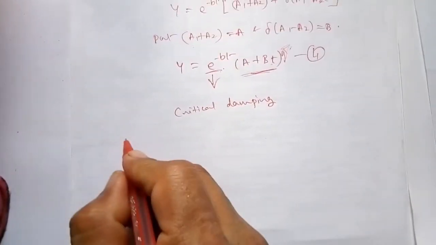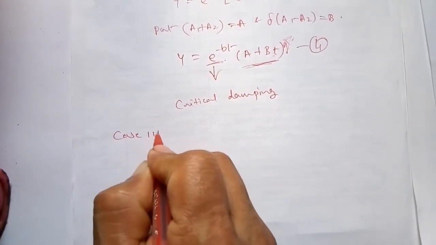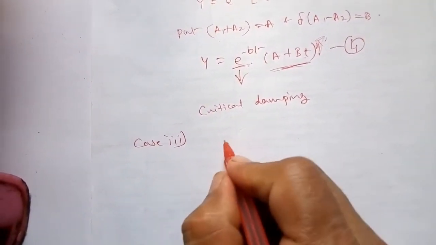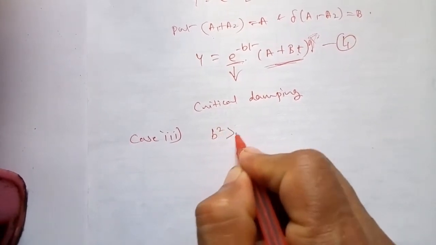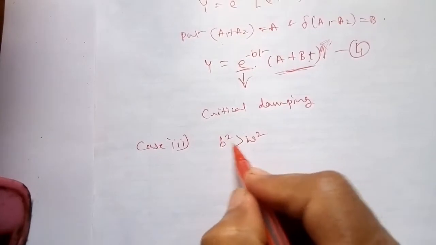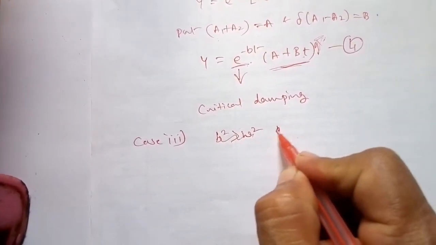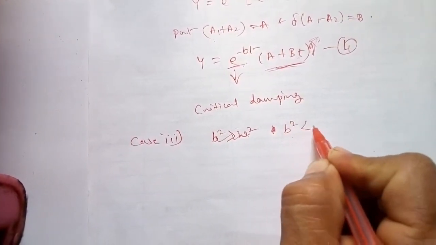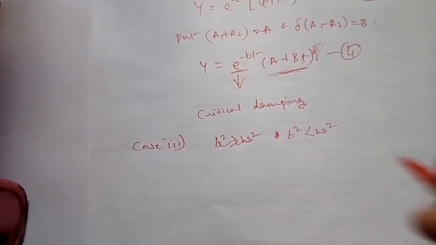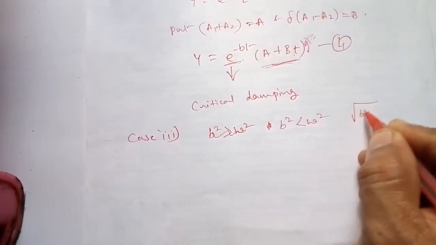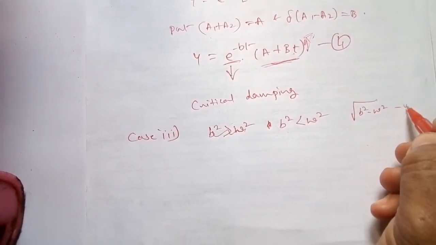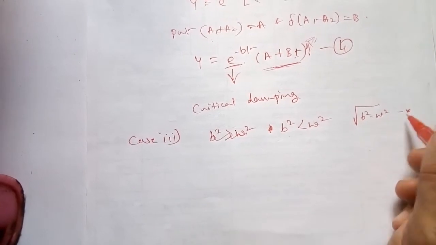Alright, next let us see case 3. In this case, b square is less than omega square. In this case, root of b square minus omega square becomes a negative quantity, an imaginary quantity.